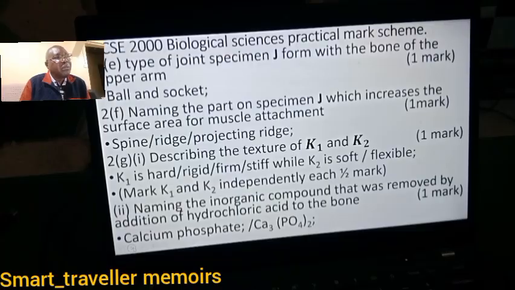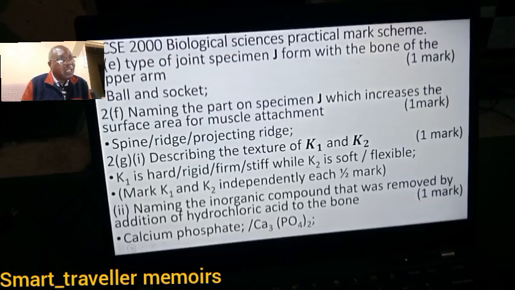It gives bones their hardness or rigidity, so that they can carry out mechanical function. The part about carrying out mechanical function was actually not very necessary. You could just have said gives bone its hardness or rigidity.